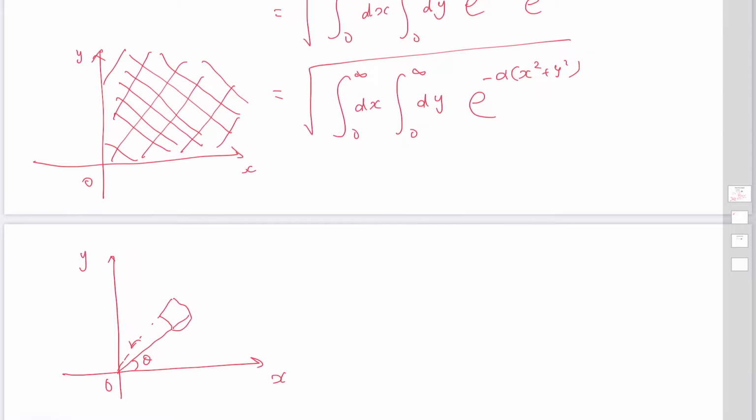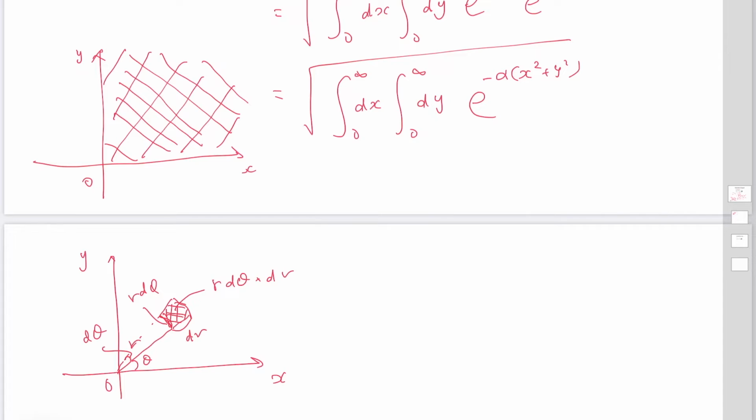This length is expressed as dr, and this length is expressed as r d theta, because this angle is d theta. So the small area covered by these regions is expressed as r d theta times dr.